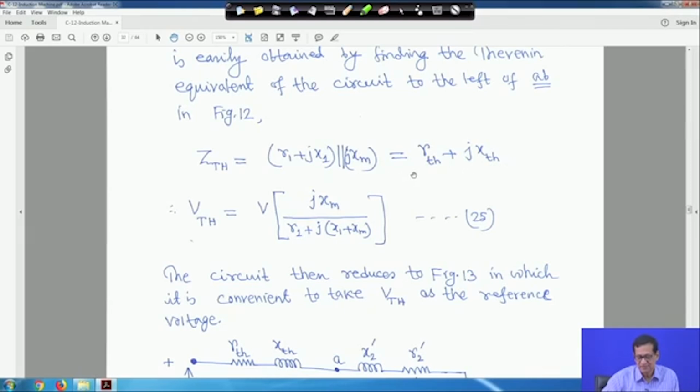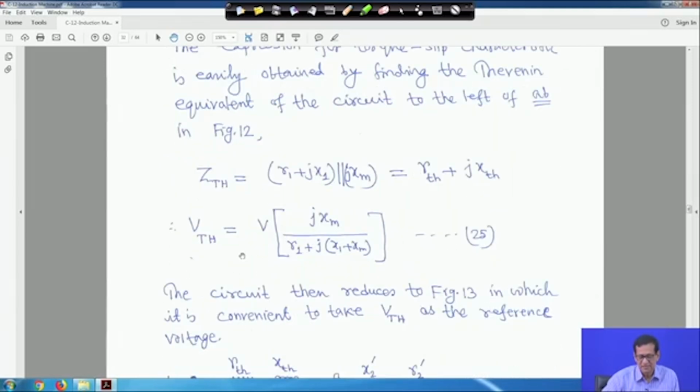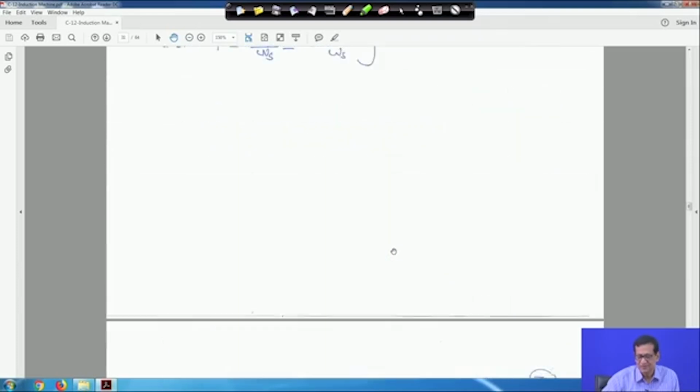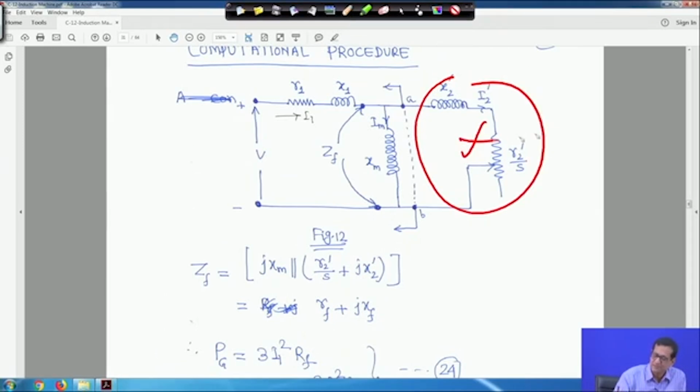Once you get R Thevenin plus jX Thevenin, you compute the current. So V Thevenin will be V into jXm upon R1 plus j(X1 plus Xm). Here this side we are interested in, so forget about the other side, because we have to calculate V Thevenin, that means the voltage VAB across here.